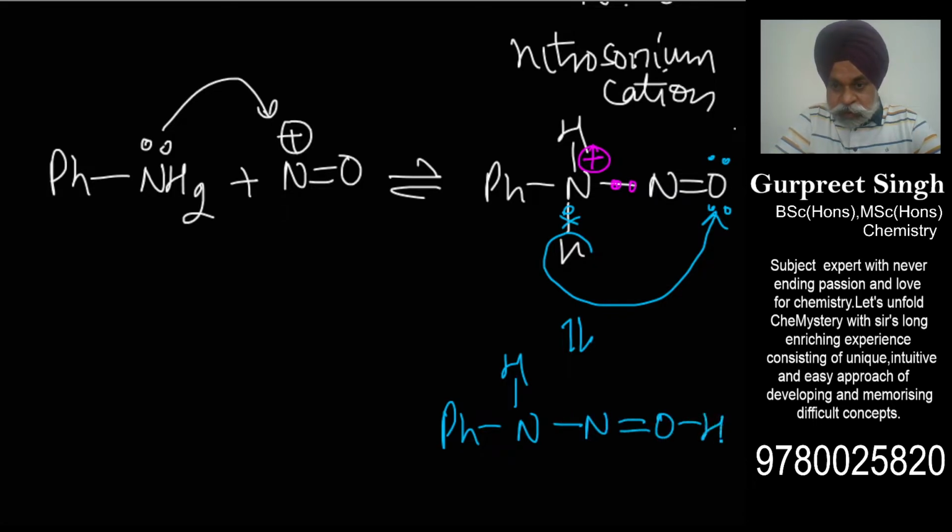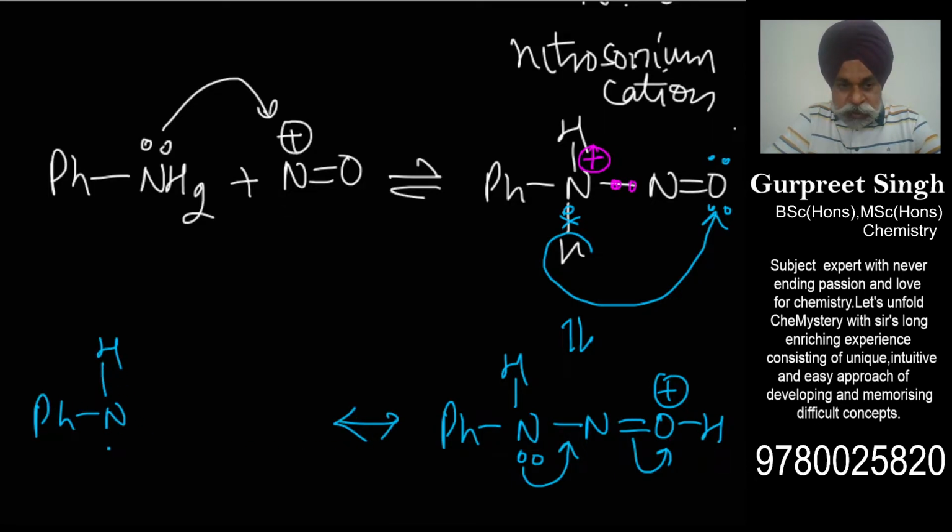The positive charge which was on the nitrogen of aniline got removed, and now this lone pair again comes here, this goes here, and this is nothing but a resonating structure. So again you would get a positive charge on the nitrogen. Here comes the double bond, and the oxygen's positive charge got removed.